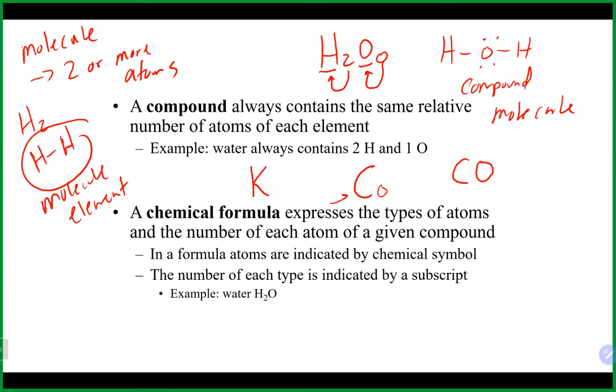That would be carbon monoxide, which is very different than cobalt. This would imply 1 carbon atom and 1 oxygen atom. So it's always important to capitalize and then lowercase if it is a 2-letter symbol, because if you capitalize them both, you may be writing something you're not intending to write. Any questions on that?